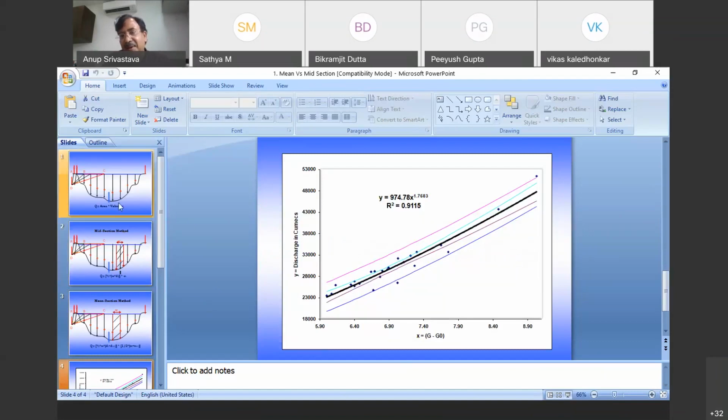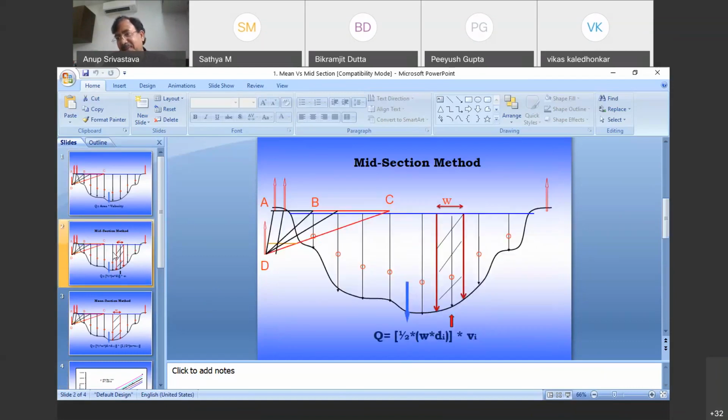So as a course designer for this particular module, my emphasis to each and every participant is, wherever you are engaged in your respective field, try to guide your measuring team to be as accurate as possible in measuring the depth at the particular vertical, and as accurate as possible in finding the correct velocity.